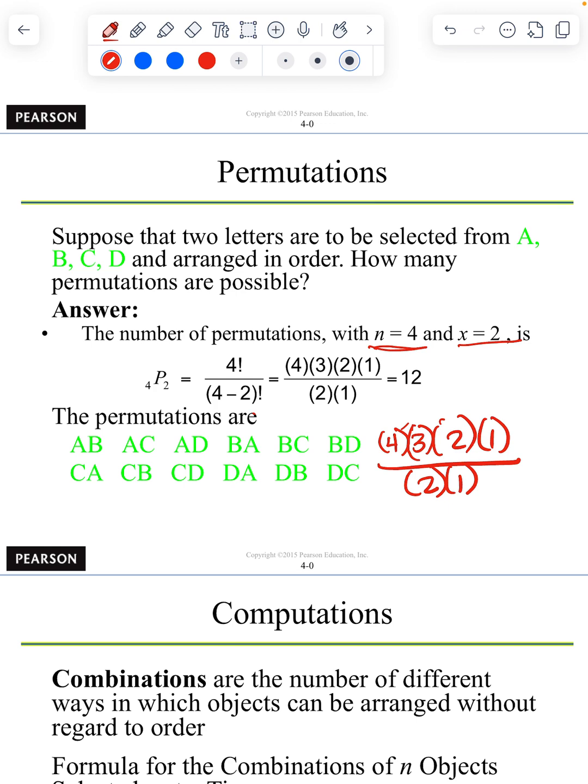So when you look at this, you've got 4 times 3 times 2 times 1, which is 24, so you get 24 over 2. And 24 over 2 is 12.